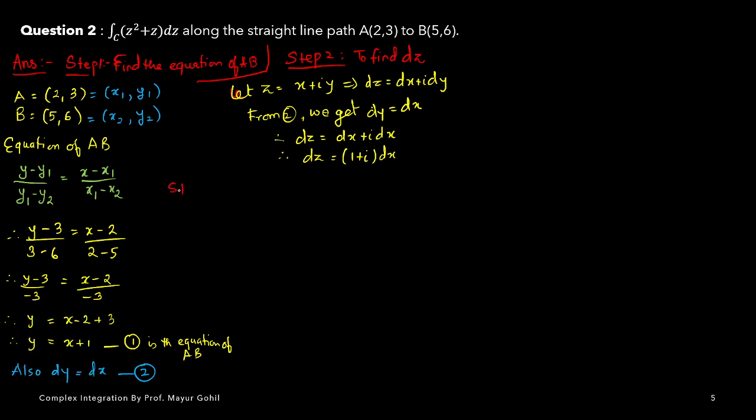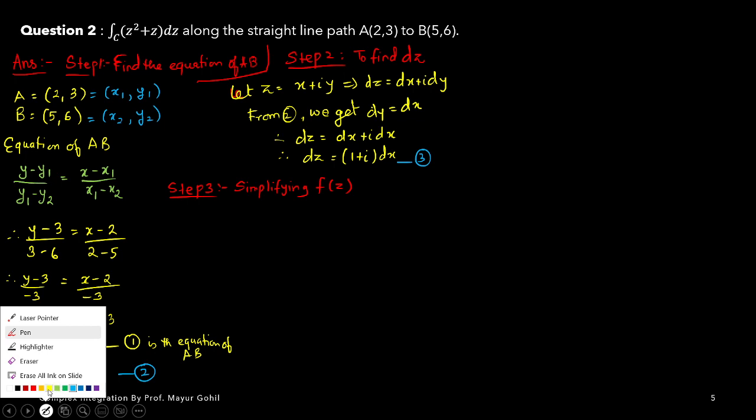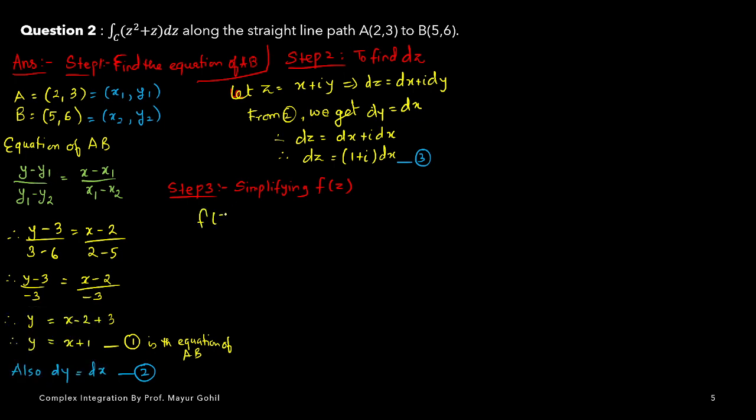So step number 3 is simplification of the function, simplifying f of z. I'll label this 3 in case we need it. Now f of z is equal to z squared plus z.